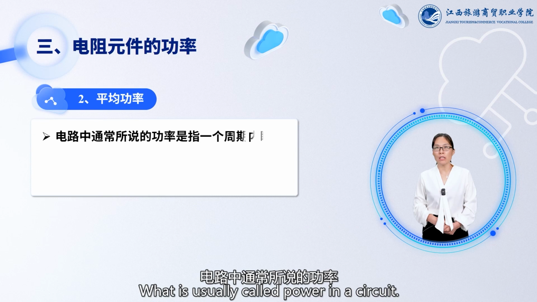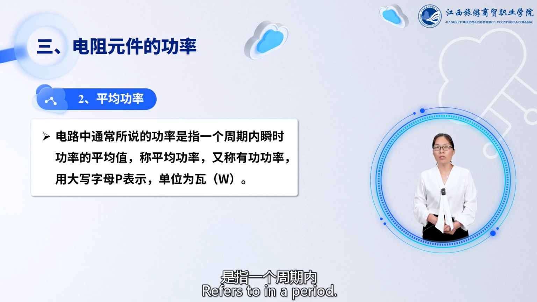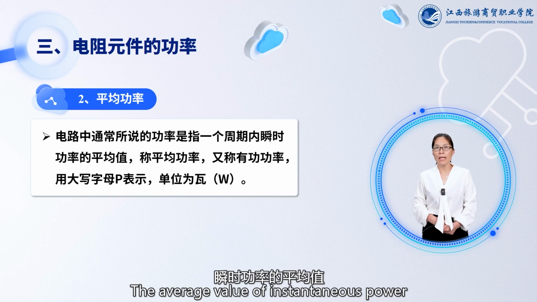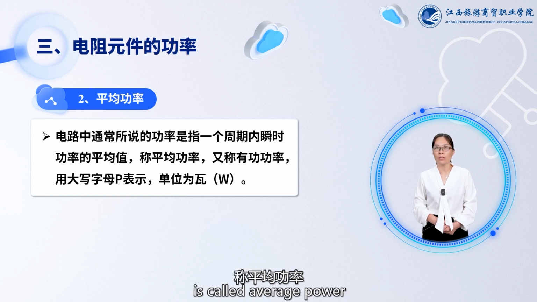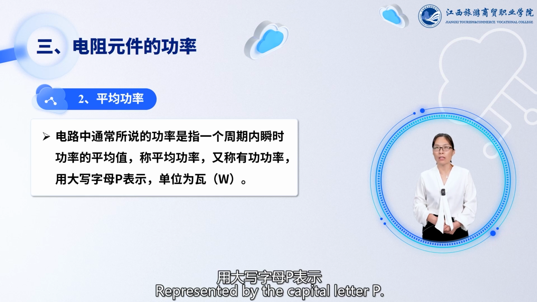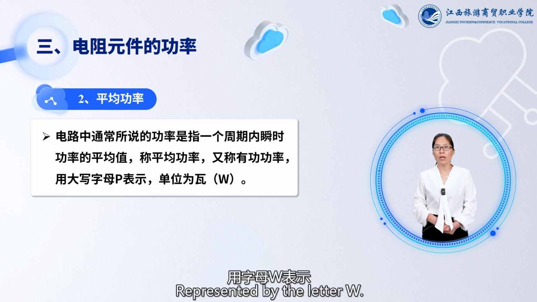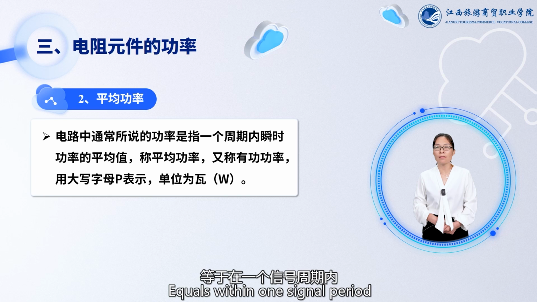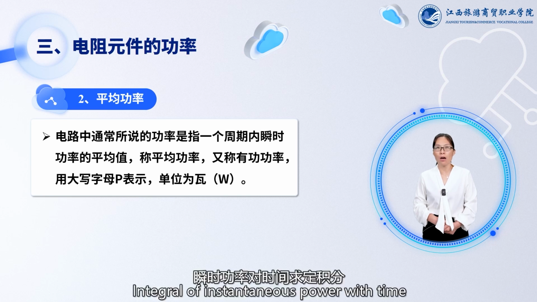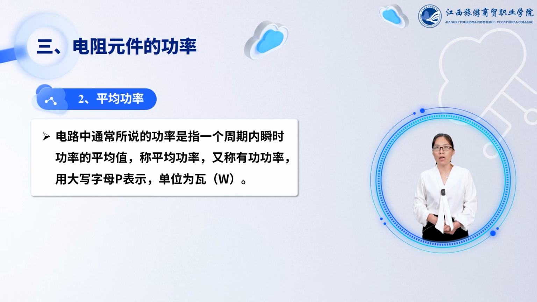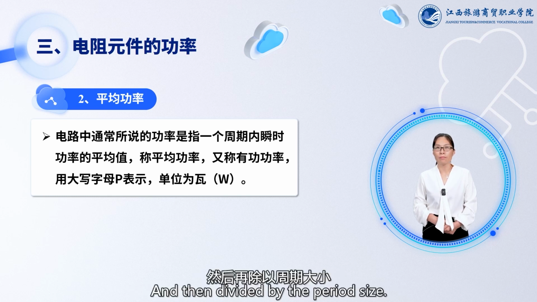What is usually called power in a circuit refers to the average value of instantaneous power in a period, called average power, also known as active power, represented by the capital letter P. The unit is watt, abbreviated as W. The average power on resistance equals, within one single period, the integral of instantaneous power with time, divided by the period.